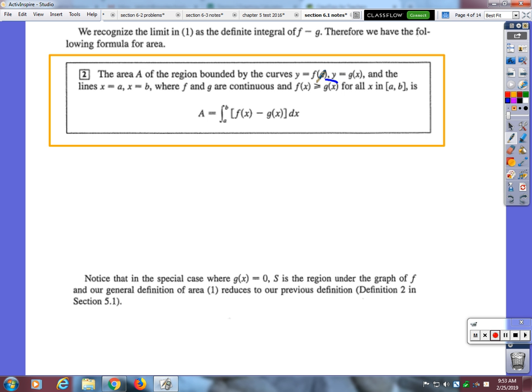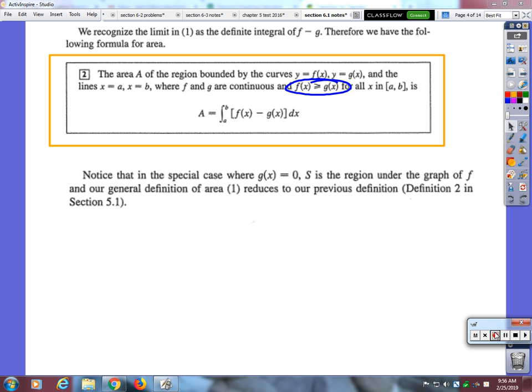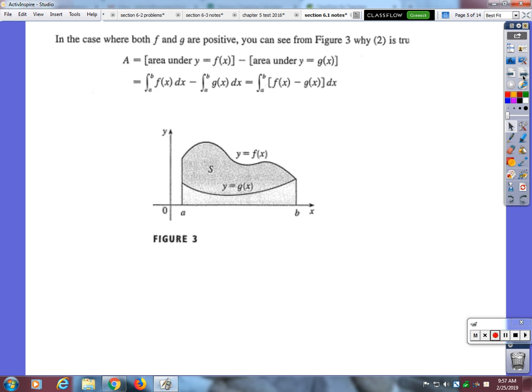This is important: f of x has to be bigger than g of x everywhere. It's just the integral from a to b of f of x minus g of x. And this is what I had mentioned before. We've actually been doing this the entire time. If the second function is g of x equals 0, that's just the x-axis, and that's what we've been doing.